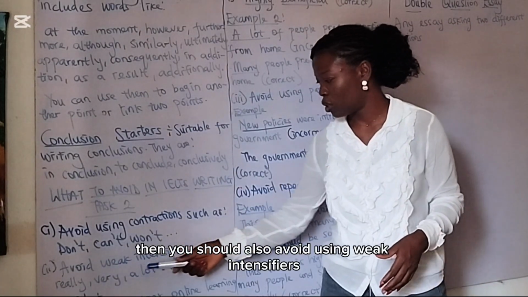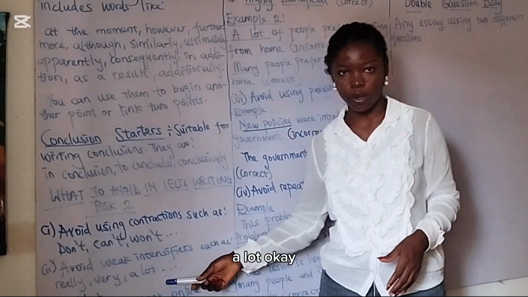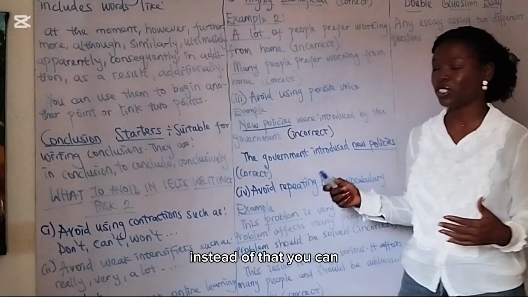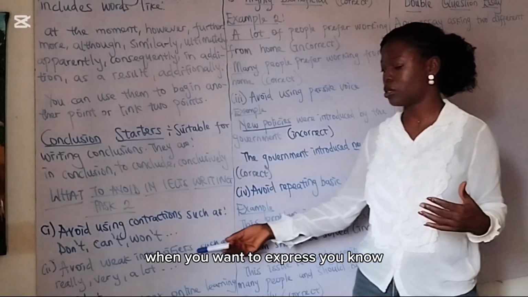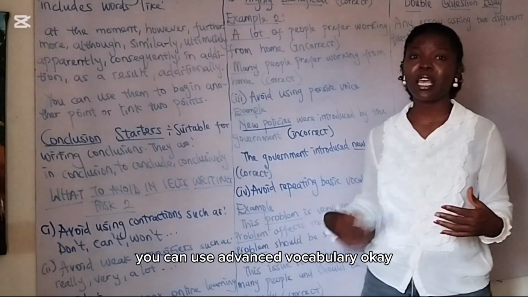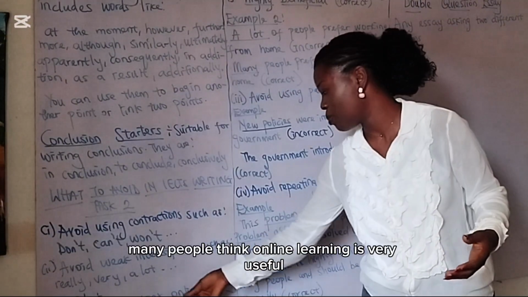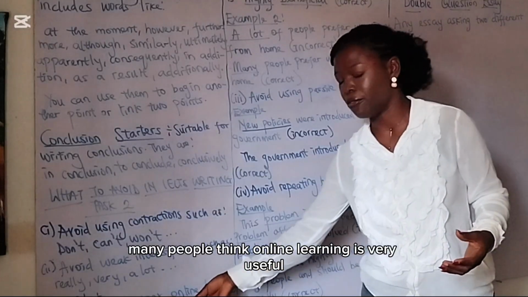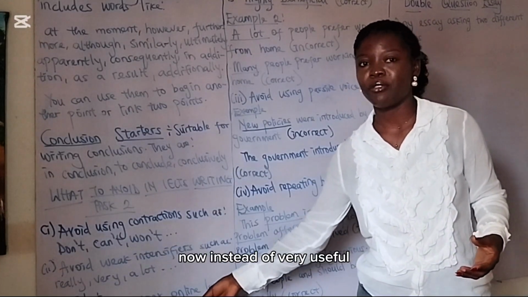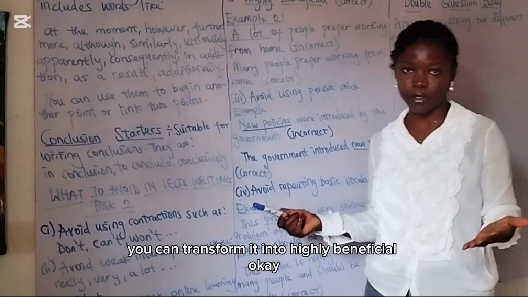Then you should also avoid using weak intensifiers such as really, very, a lot. Instead of using these weak intensifiers, when you want to express ideas, you can use advanced vocabulary. For example, here we have many people think online learning is very useful. Instead of very useful, you can transform it into highly beneficial.